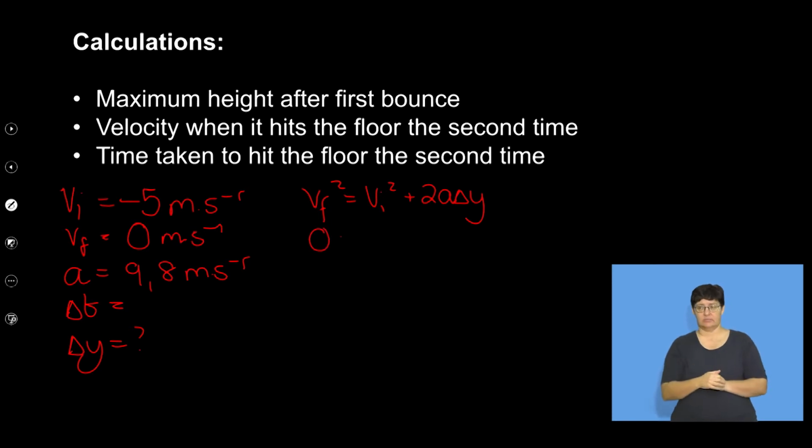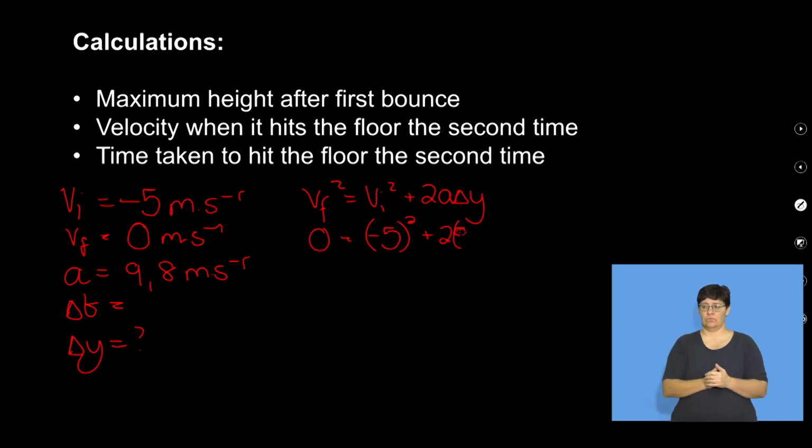Vf is 0. Vi is minus 5 plus 2 times 9.8 delta y. I know minus 5 squared is 25, so I'm going to take it over. It's going to be minus 25 equal to 19.6 delta y.